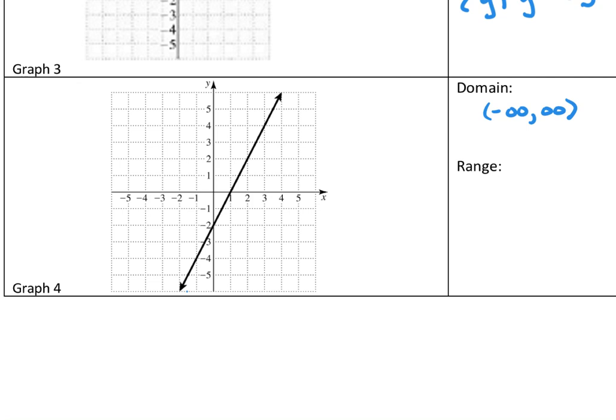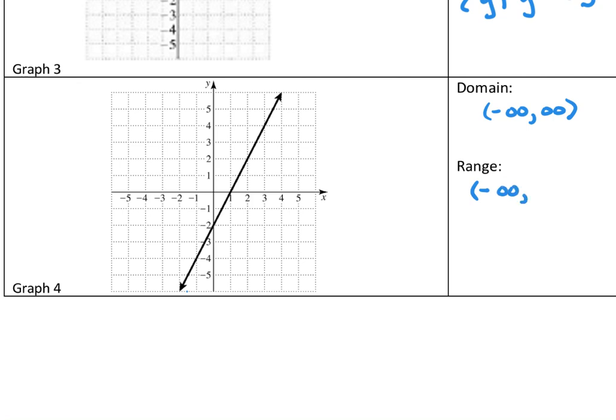Now, if we talk about the same line from the range perspective, remember we're going bottom to top. When we look at this arrow, we want to change our perspective. Now I want to think about this arrow as going down forever. How far down does it go? It goes down to -infinity.